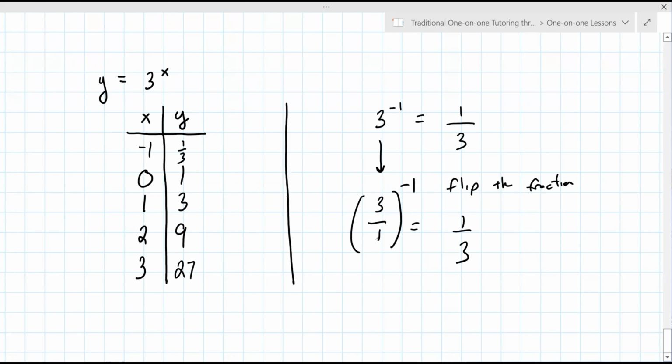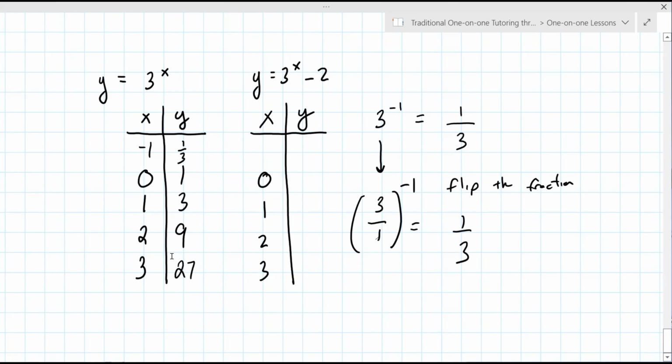Now right here with it, let's say I wanted us to do y equals 3 to the x minus 2. Can you tell me how these y values change on the right here when it's minus 2? Is that up, down, left, or right? That's down. Down how many? Down 2. Down 2. So each of these y values goes down 2.